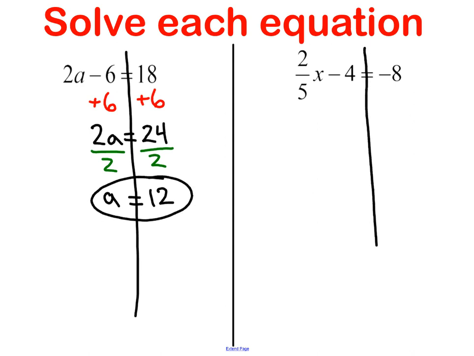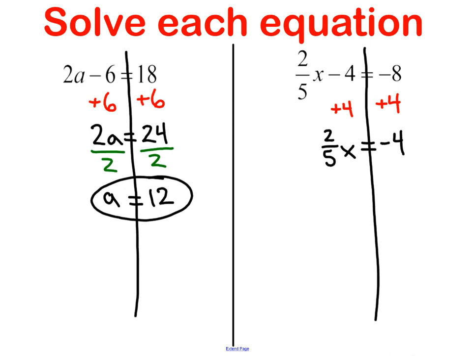Draw a line right down our equal sign. First step I'm going to take is to add 4 on both sides. That leaves me with 2/5 x equals -4.